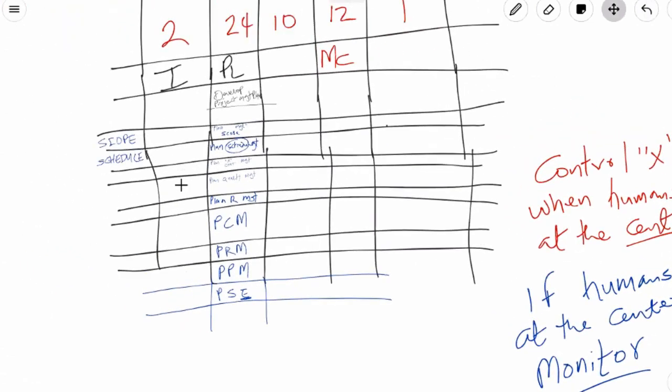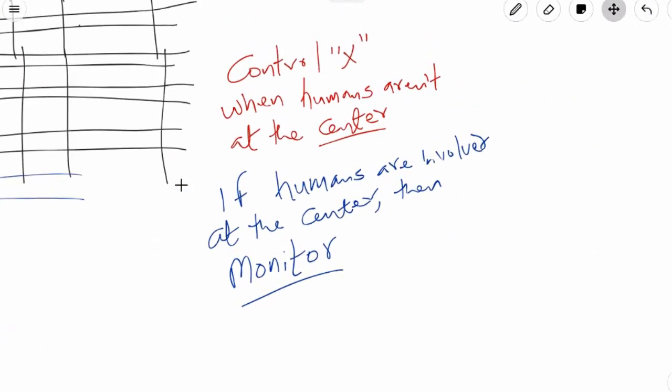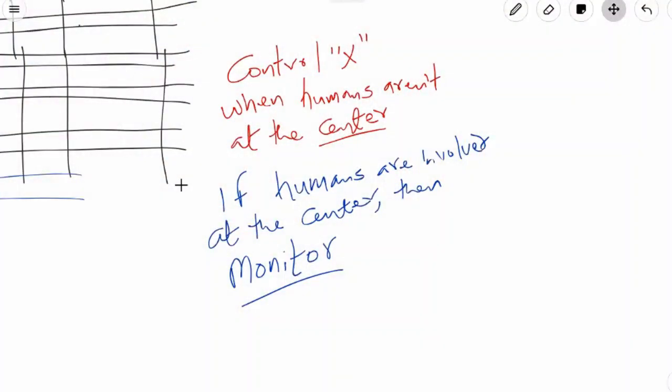Also, when we cannot control the outcome of risks, you can monitor, but you can't control. We use the word monitor risks. All right, so let me show you how that pans across.